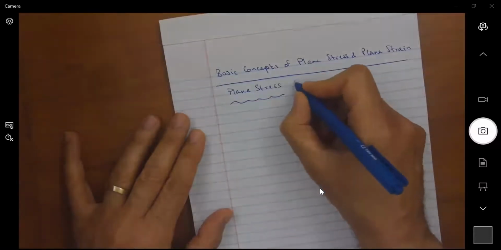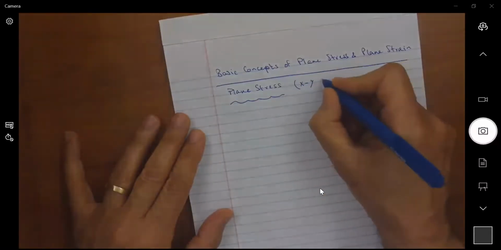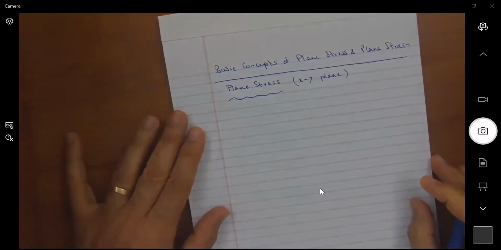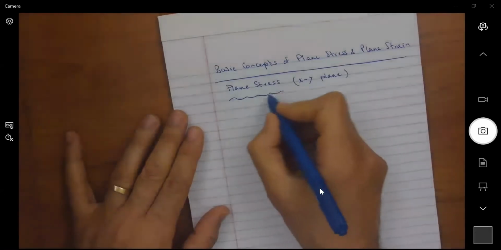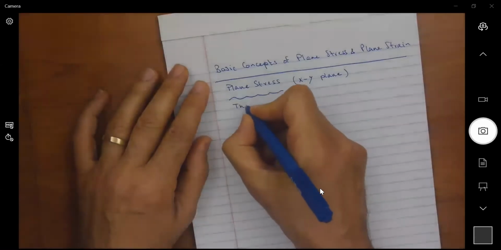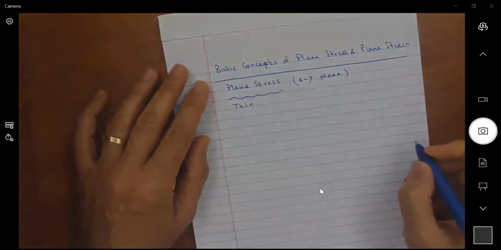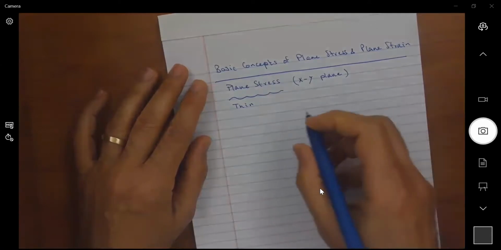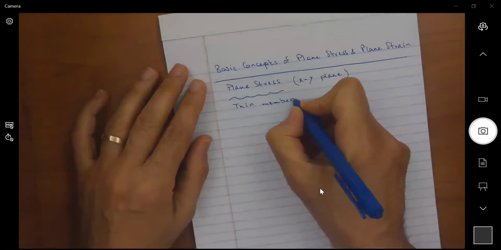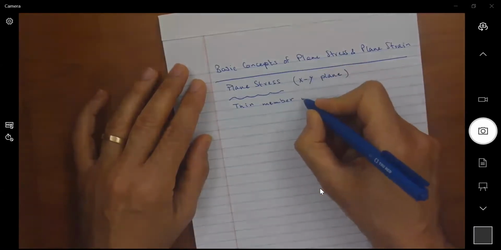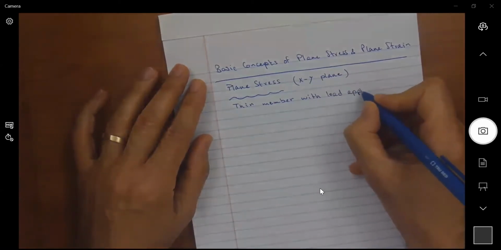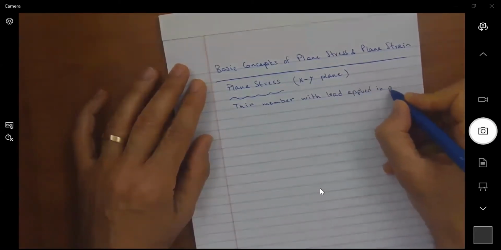When I mention plane here, we're typically going to be working in the XY plane. So problems that can benefit from plane stress will be typically thin members with loads applied in the plane only.